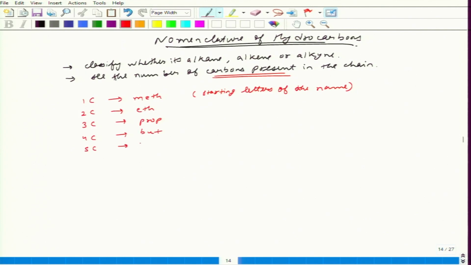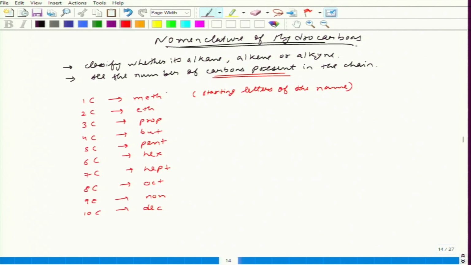You have to remember this. 5 carbons is pent, 6 hex, 7 hept, 8 oct, 9 non, 10 dec. Do remember up to these 10 carbons for now. So one carbon is meth, 2 is eth, 3 prop, 4 but, pent, hex, hept, oct, non, dec.